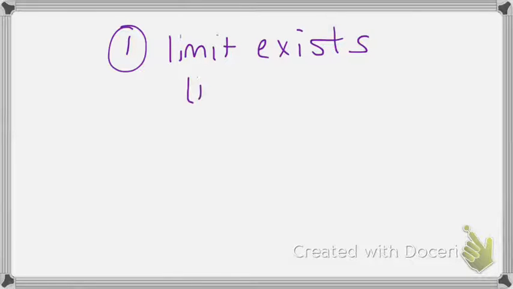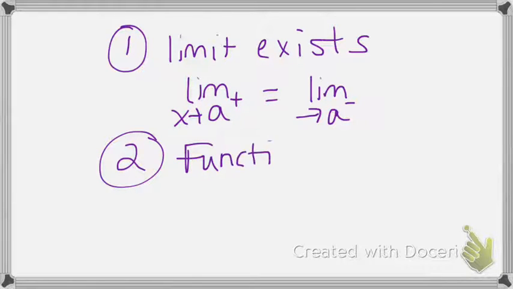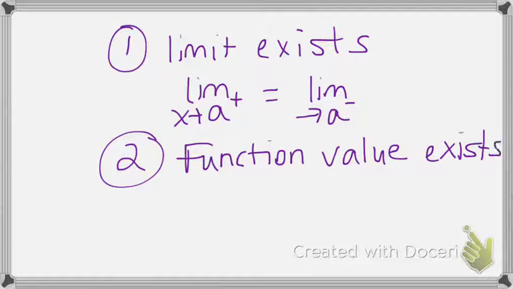First, the limit exists. And that means that you've thought about the limit from both sides of a. Second, it means that the function value exists. That means that there is a point at f of a.